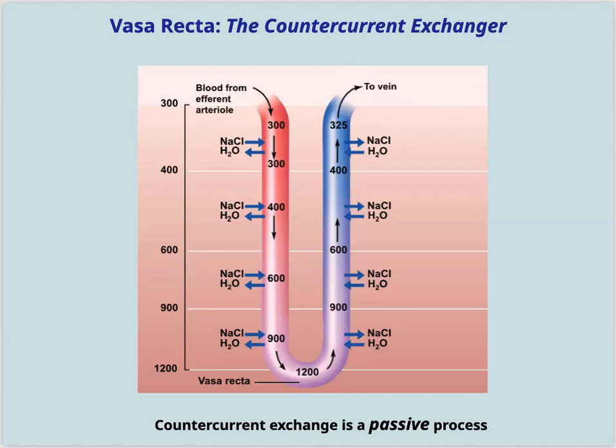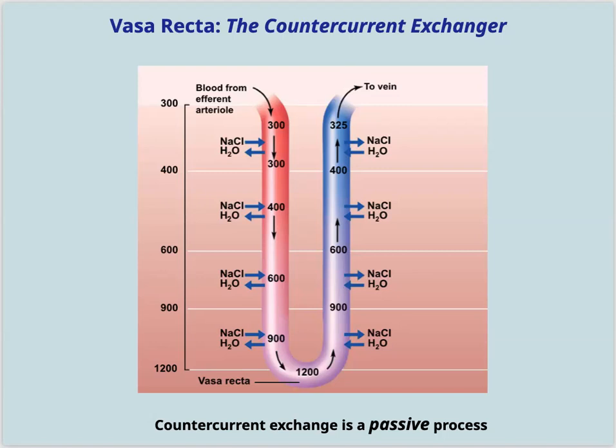The vasa recta is highly permeable to water and to solutes or salts. And the countercurrent flow of fluid will move through 2 adjacent parallel sections of the vasa recta, similar to what we see in the renal tubules in a loop of Henle, except that now those segments are as permeable to salt as they are to water.